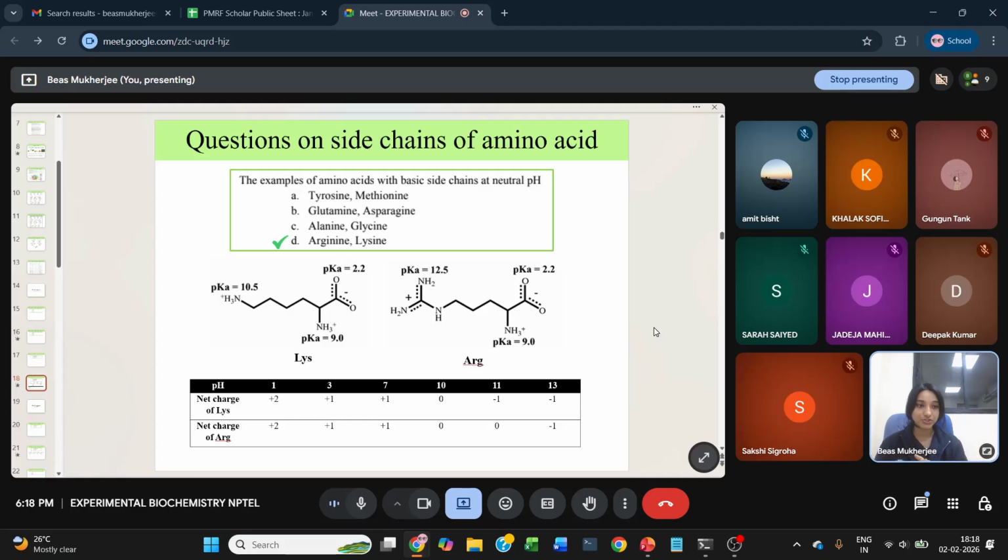At pH 7, there is no change. It is still +1, right? At pH 10, what is happening? You see that this alpha NH3 has a pKa of 9.0. So that means at pH 9.0, this NH3 plus is going to give away its H plus and form NH2. So it is uncharged.